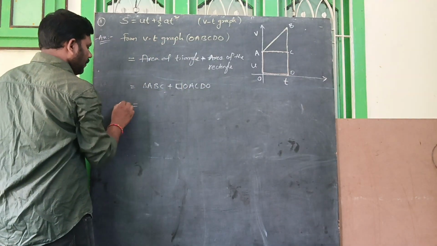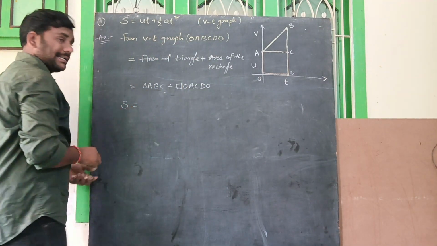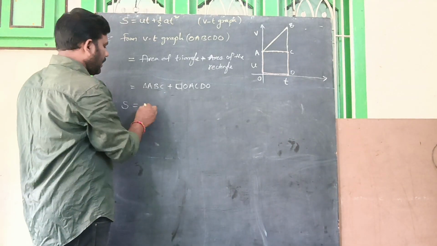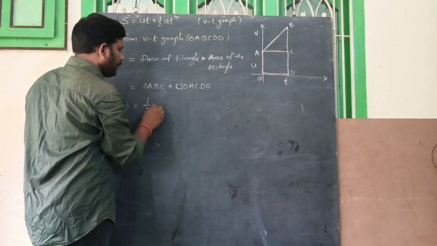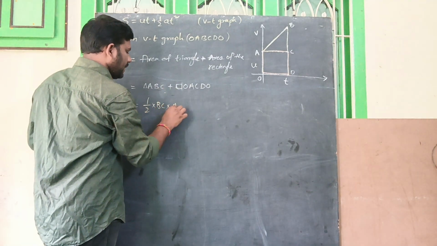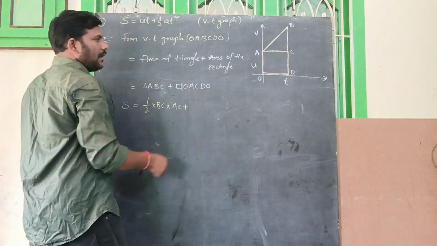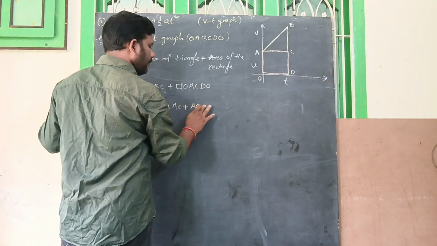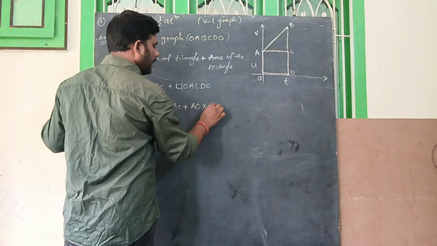Here the displacement is S. What is the area of the triangle formula? Half into BC into AC, plus the area of the rectangle, which is OA into OD.